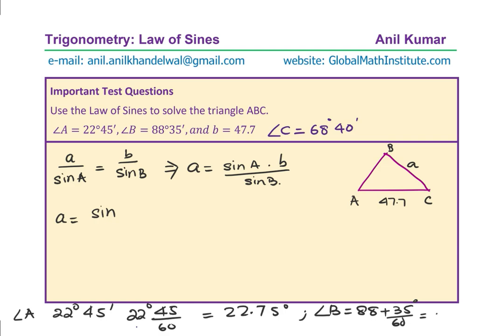So I'll write this as 88.583. Is that clear to you? So that is how we'll use angle B. Instead of A, I'll write 22.75 degrees, and sine B is sine of 88.583.